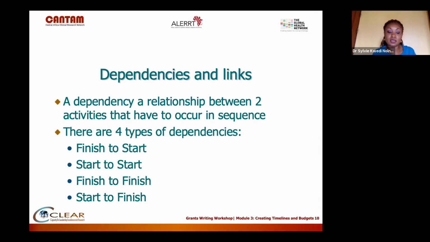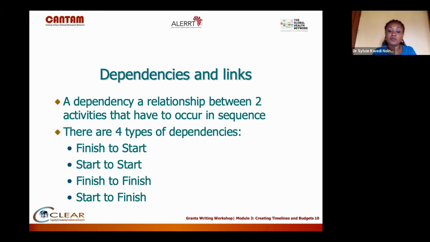There can be some instances where you have 2 different reagents that you need to prepare at the same time, because this is particularly important to the assay that you are running. So you need to start both reagent preparations at the same time, or else your assay will not work as expected. So that's a start to start relationship.